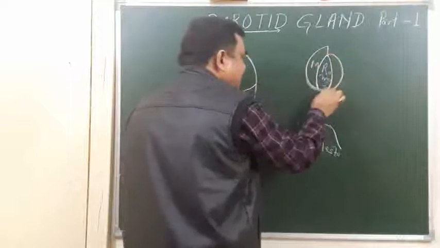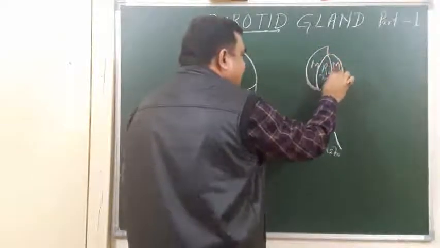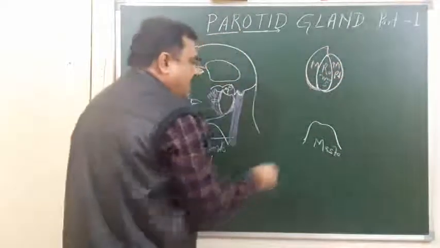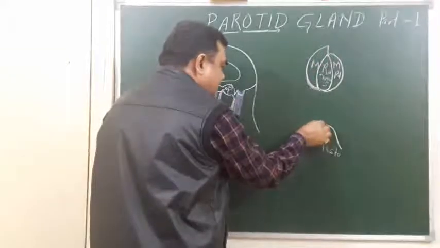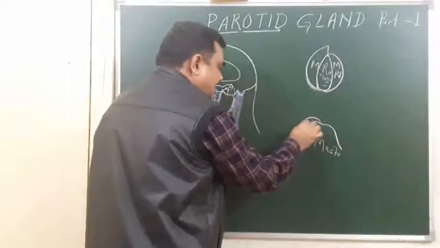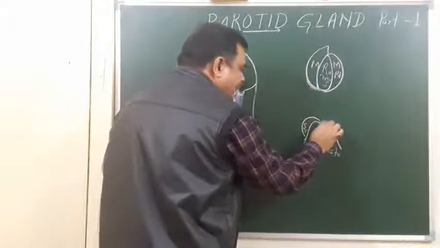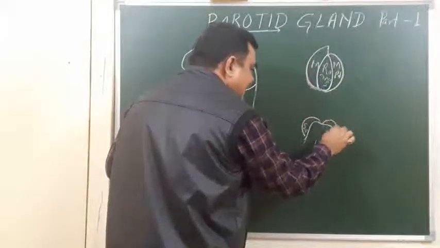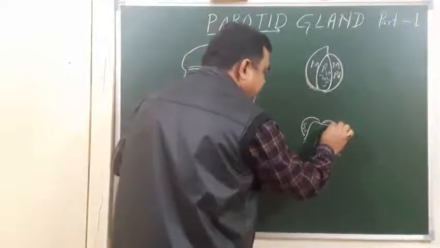This is medial pterygoid muscle, and here one muscle lies, that is sternocleidomastoid muscle, and there is posterior belly of the digastric.